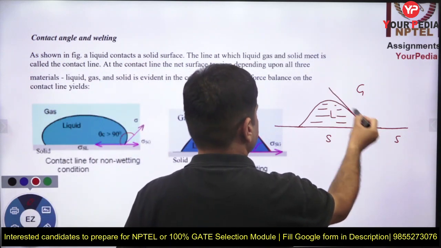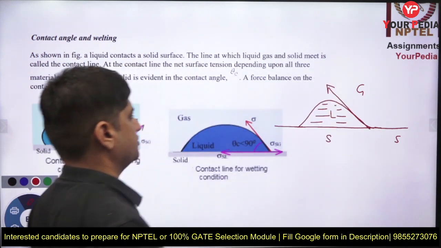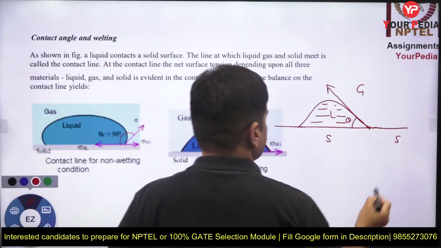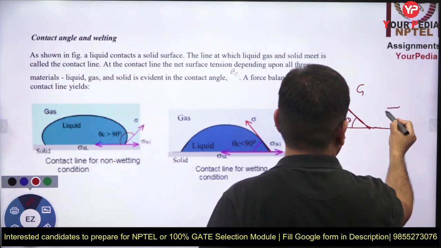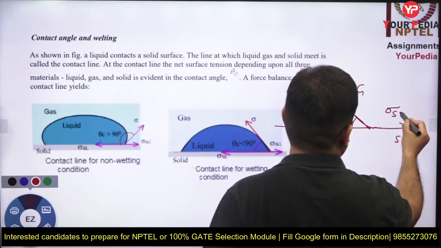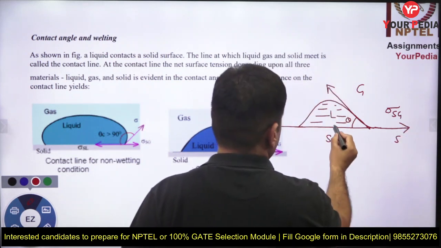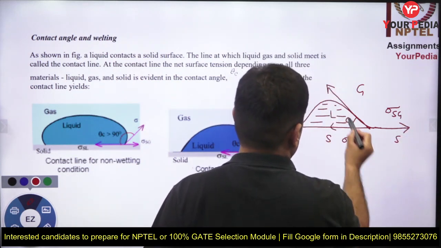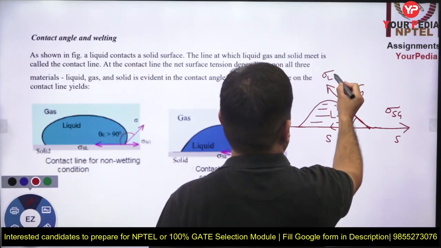This is a common tangent which I am drawing, this is the angle of contact theta. Now this side is the sigma between S, that is the surface, and gas. This is the surface tension between S and liquid, and this is between liquid and gas.